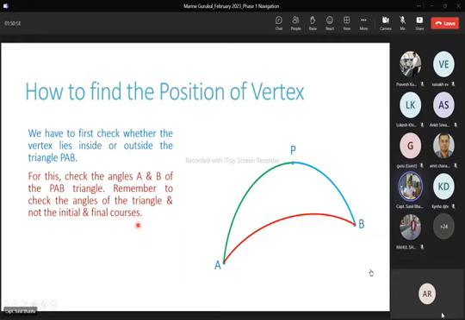So reminding you once again, when we apply the cosine formula to the PAB triangle, we obtain the angles of the triangle, angle A and angle B. Then we convert these angles to the initial and final courses. Now to identify whether the vertex lies inside or outside, we need to look at the angles, not at the courses.